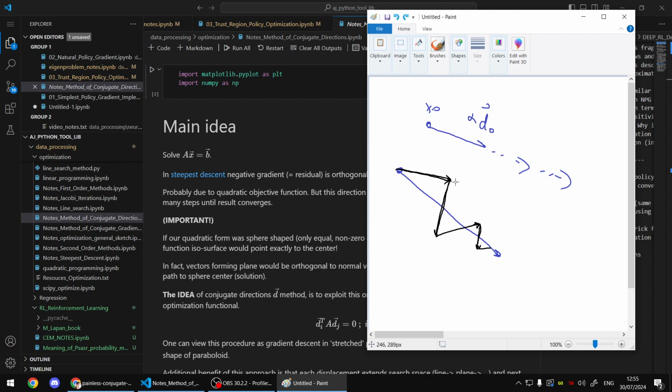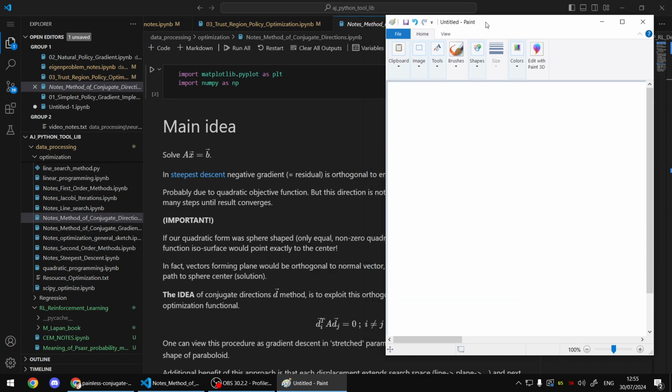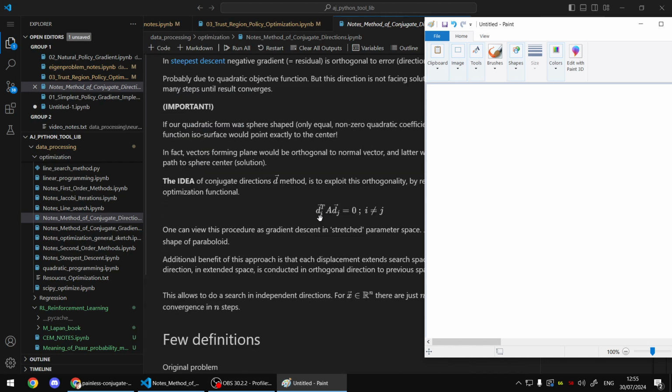And I don't know how to motivate the idea behind conjugate directions properly. But there's the idea that we can measure the angles differently by knowing the parameters of this paraboloid. Basically, this matrix A contains our quadratic terms.